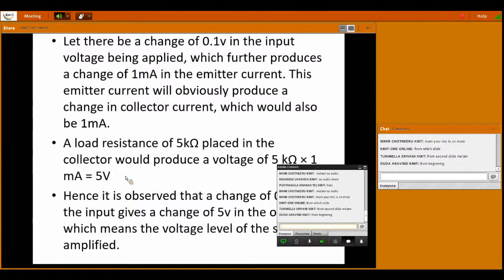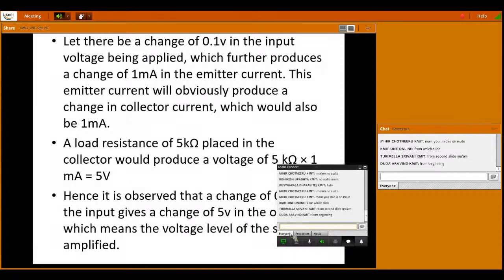So a small change in input voltage can lead to a high output voltage. Hence, it is a voltage amplifier. The voltage level of the signal is amplified from input to output. Hence, these amplifiers are known as small signal amplifiers or voltage amplifiers.